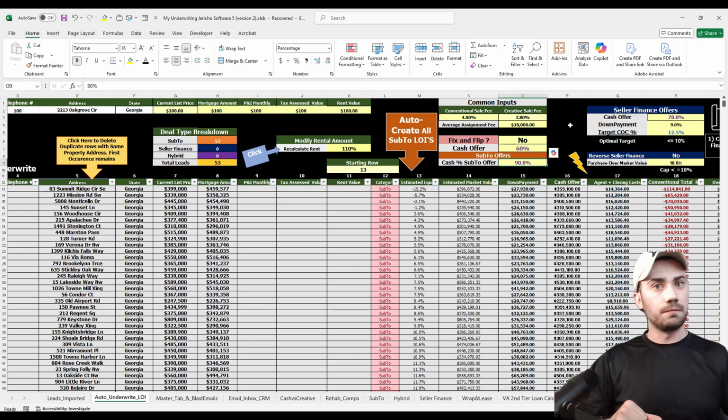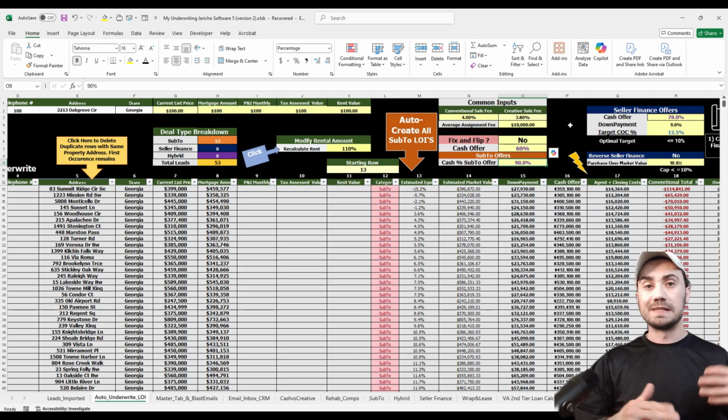Even if you get a 90% cash offer of current market value, you still need to write a check to closing. And so we can have a cash offer that is significantly higher than most investors are willing to offer to any seller, because we know that the seller is more than likely not going to accept it either way.